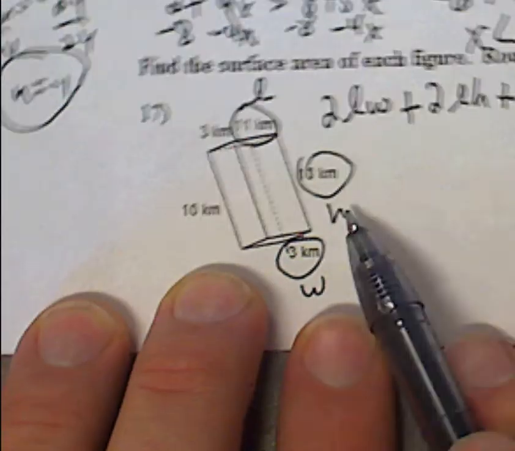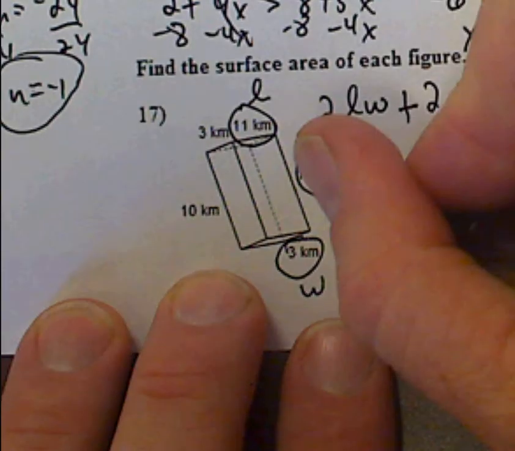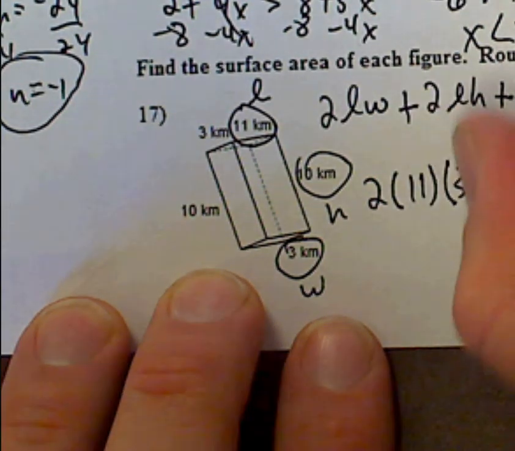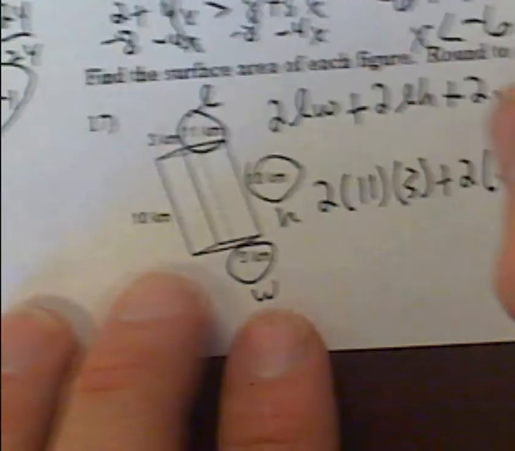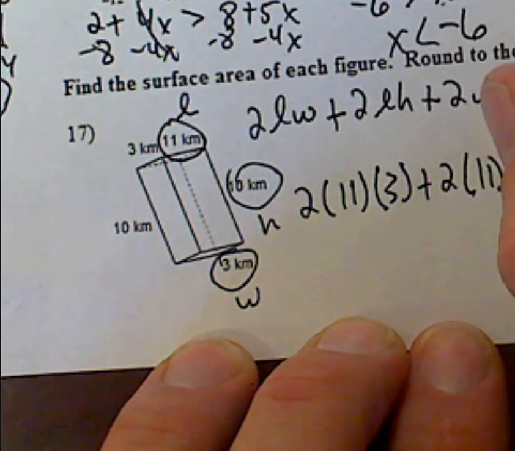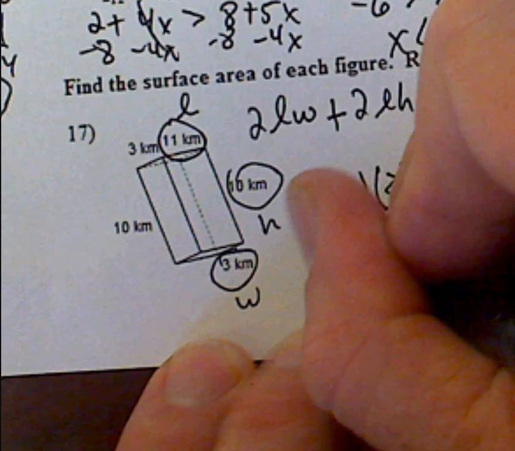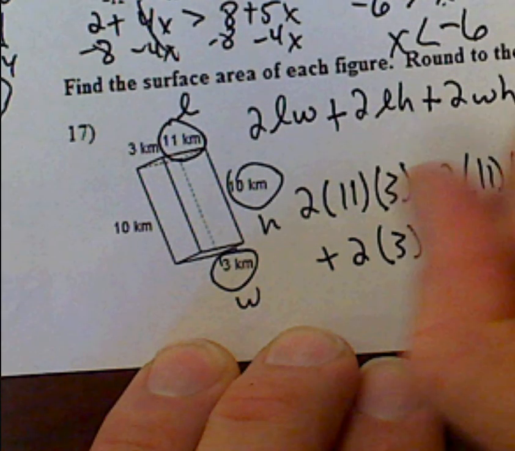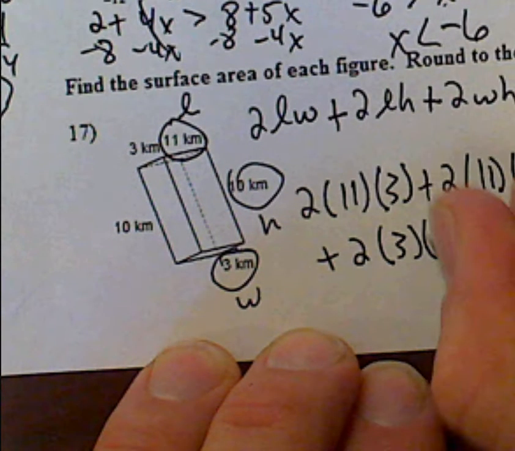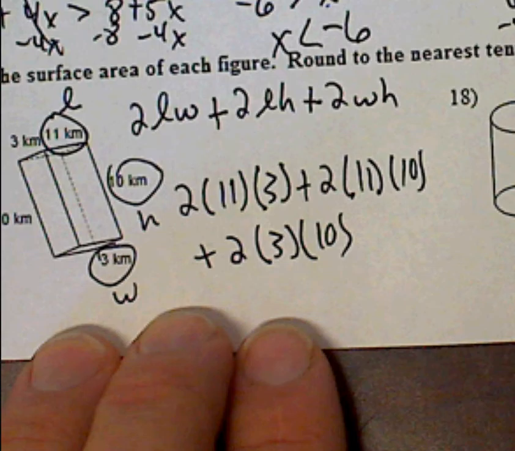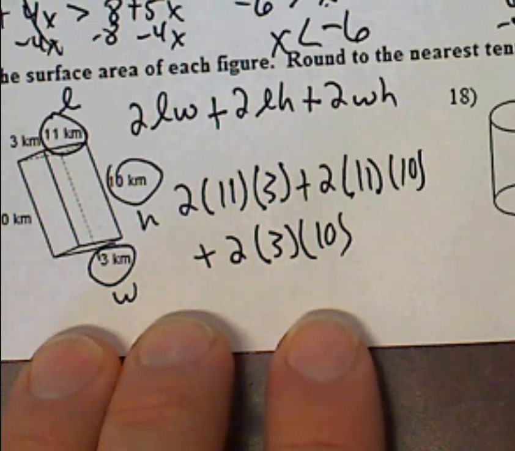So now I just need to plug those in. 2 times 11 times 3 plus 2 times my length, 11. My height is 10 plus 2 times my width is 3, and my height is 10. So if you go ahead and plug that in your calculator, you would go ahead and get the answer.